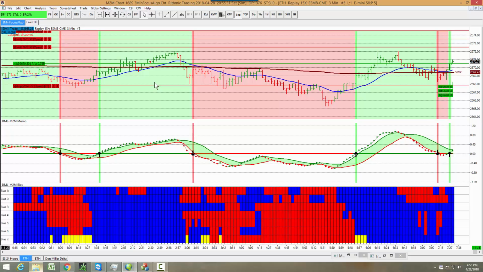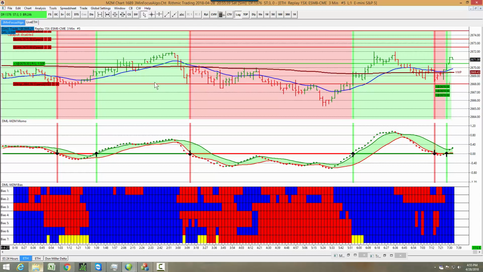You've got the sea of blue, you've got the momentum to the upside, and you've got trades which have been executed, in this case 3 contracts at 2670.50. Now to the far left, again I apologize, it's so far to the left, but we'll work on the recordings in the future.